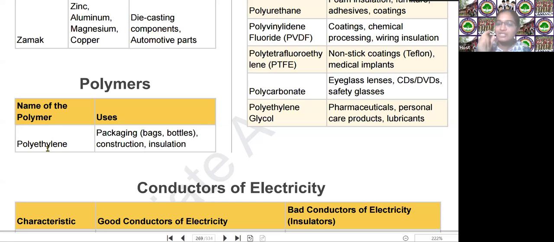Packaging means manufacturing of bags, manufacturing of bottles, and it is used in the construction industry and for insulation. So a polymer is formed with a number of synthetic or natural substances, and polyethylene is one of the polymers. It is used in manufacturing packaging bags and bottles, in the construction industry, and as insulation.